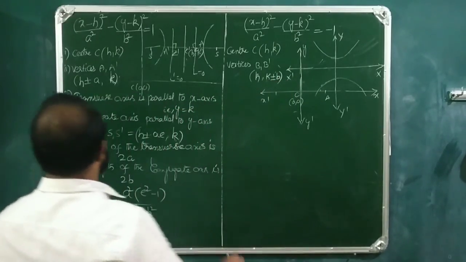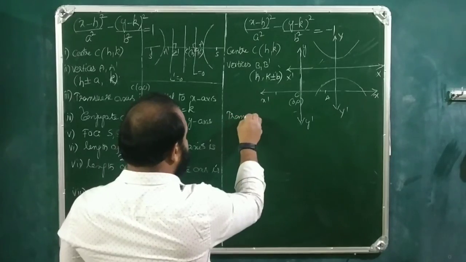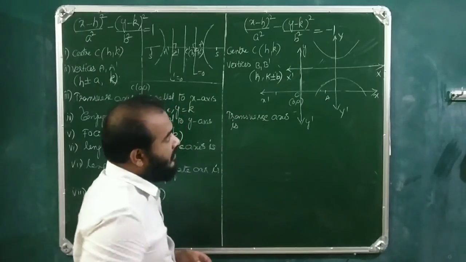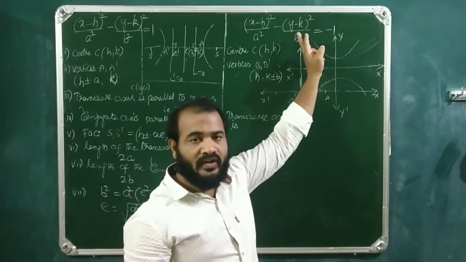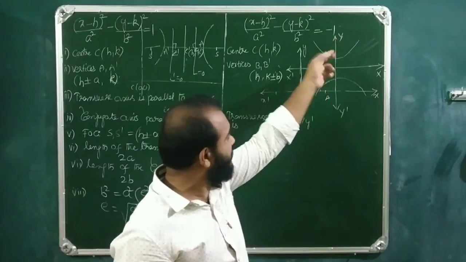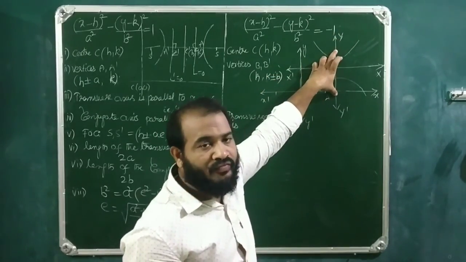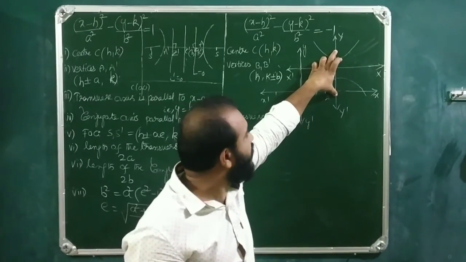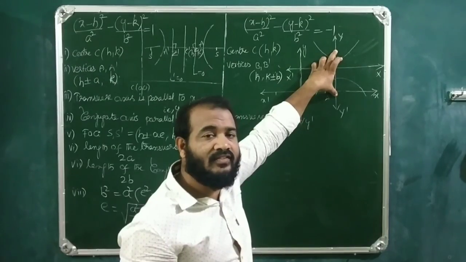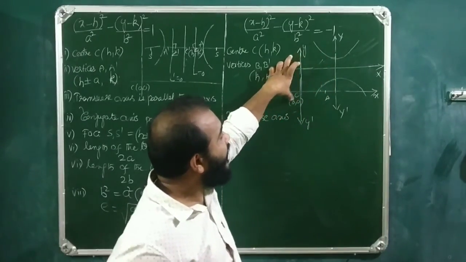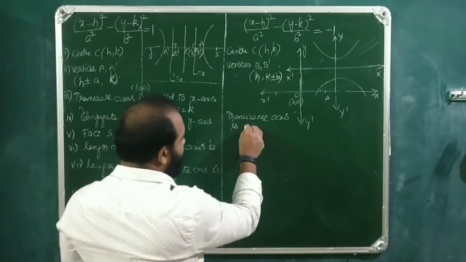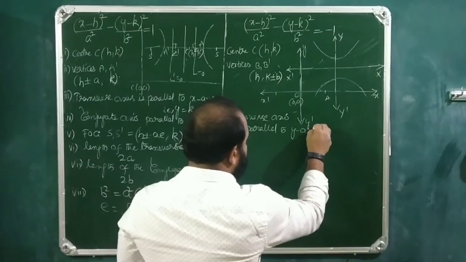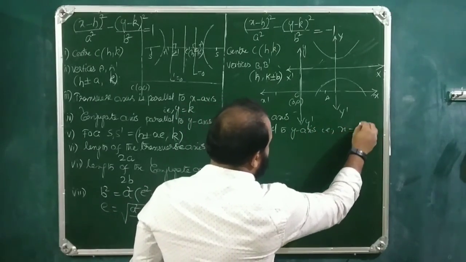The transverse axis: earlier in x square by A square minus y square by B square equals to minus 1, the transverse axis is along the y axis. Along y axis means x equals to 0, but here it is parallel to y axis, that is x equals to h.